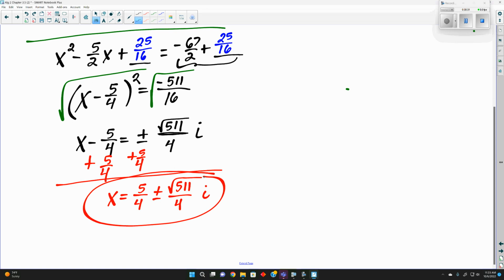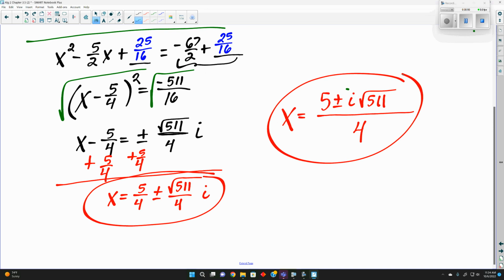We just had to work with fractions. Now, there's another way we could write this, because both of the denominators are the same. So we can say 5 plus or minus i square root of 511, all over 4. We can write it as a single fraction, and it's the exact same thing.